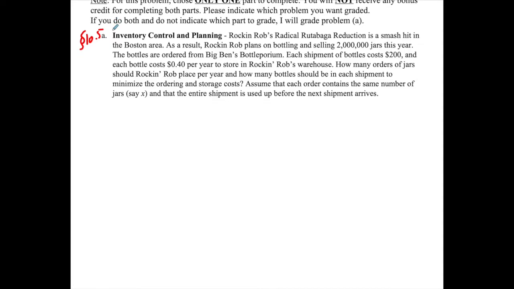So if we have X bottles, so every order contains X jars or bottles or whatever you want to call it. Basically, if I have 2 million jars that I'm going to order in a particular year, and I divide by the number of jars per order, well, that's going to tell me the total number of orders.